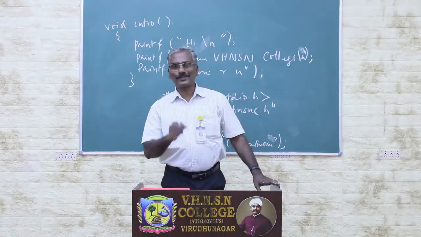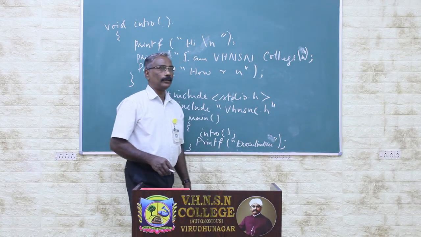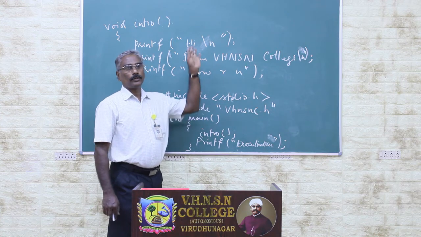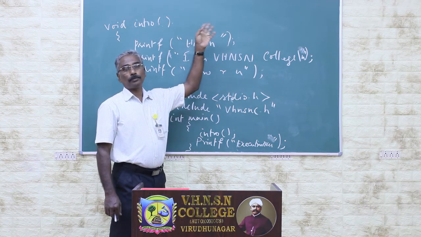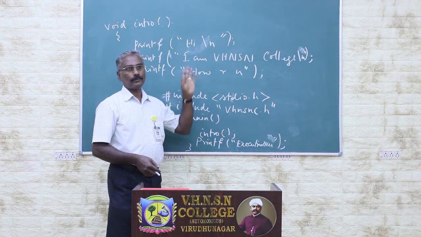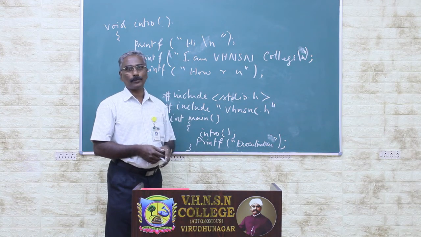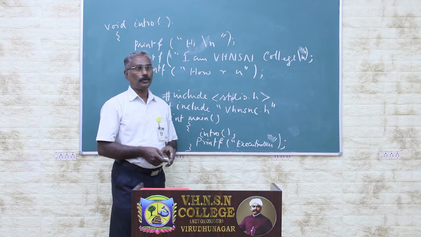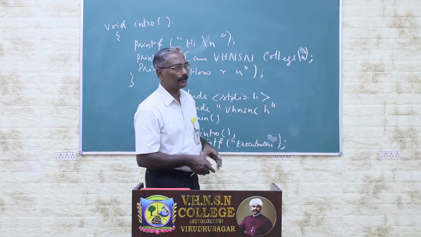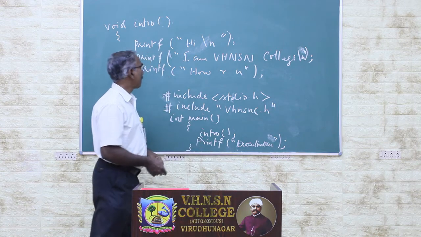So the next example: in the previous example we passed two parameters to the function, but here we are not passing any parameters. How to include this function in a header file?